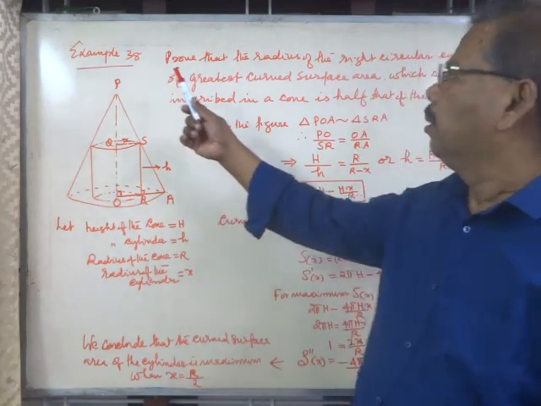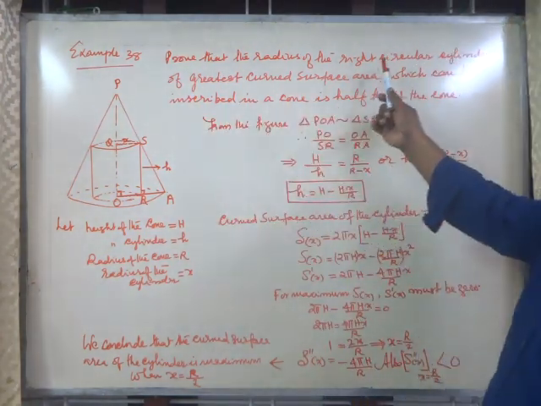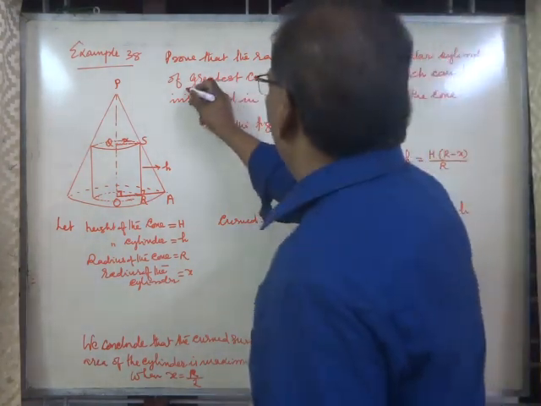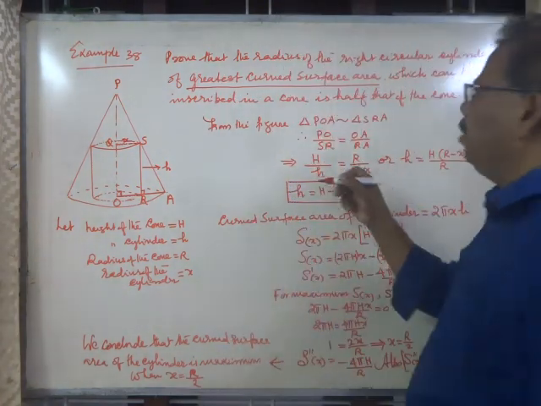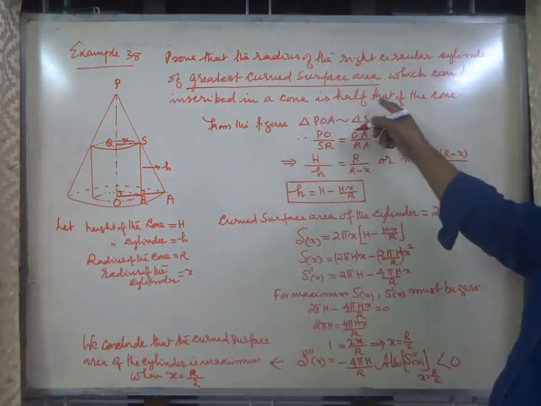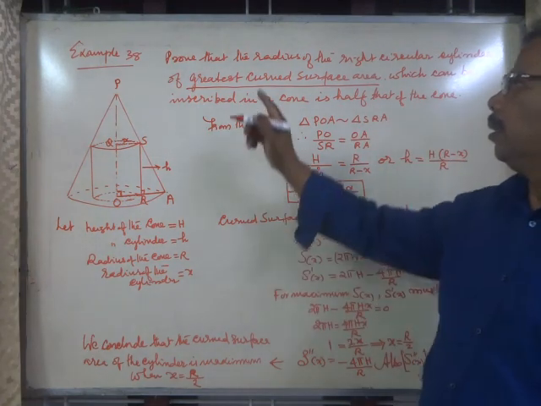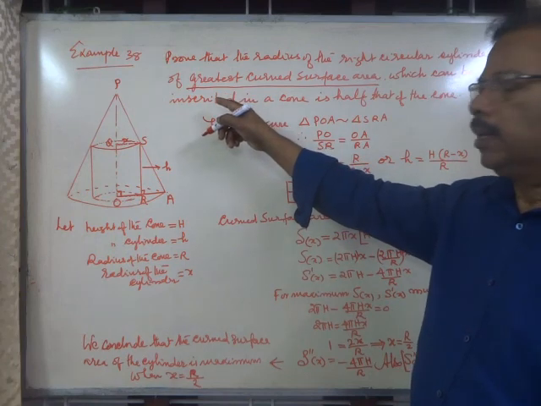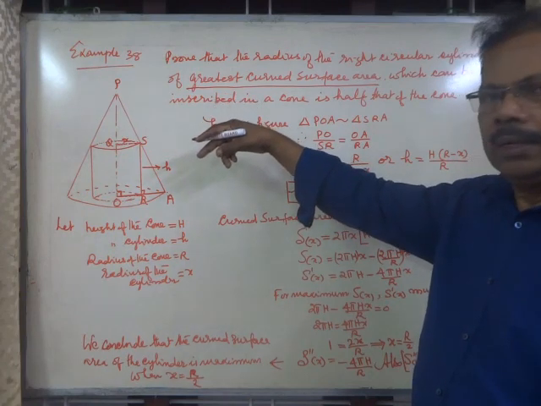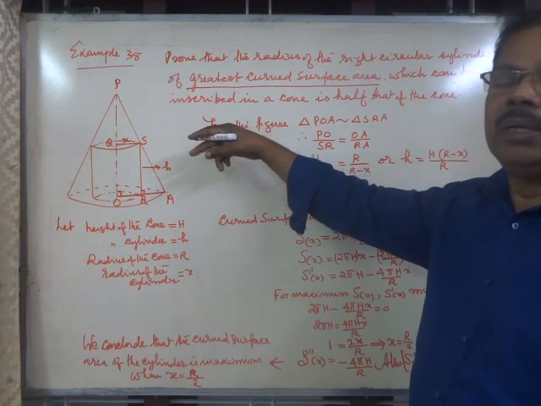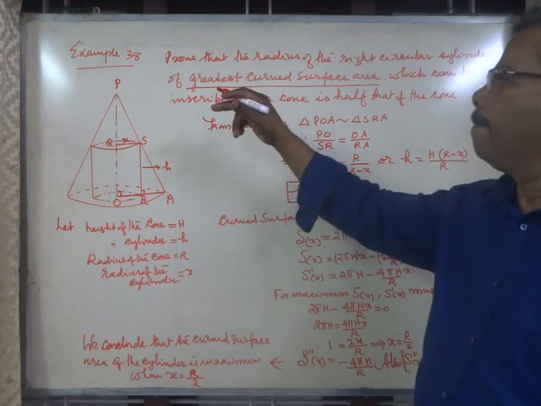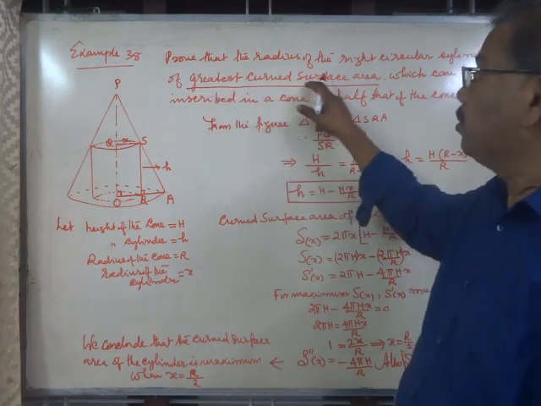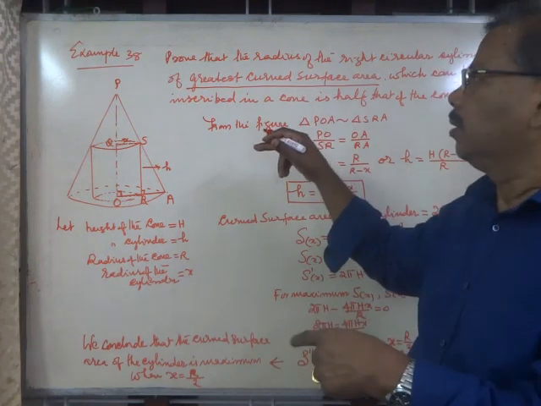Example 38. Prove that the radius of the right circular cylinder of greatest curved surface area, which can be inscribed in a cone, is half that of the cone. In the question, it is given that a cylinder of greatest curved surface area is specified.